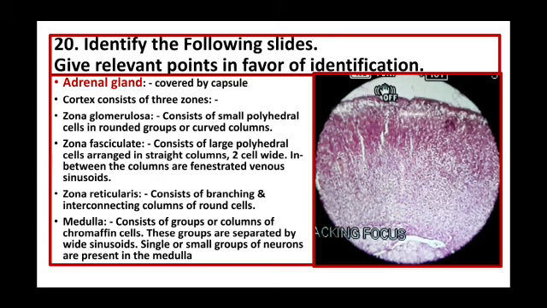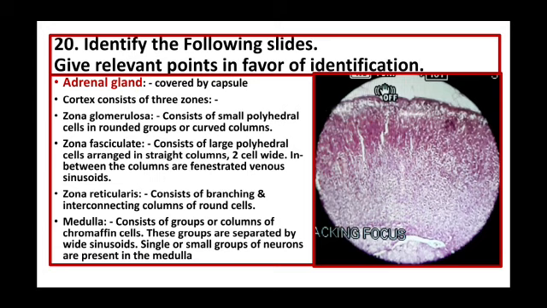The second zone is zona fasciculata, which consists of large polyhedral cells arranged in straight columns, 2 cells wide. In between the columns are fenestrated venous sinuses. Then the third zone is called zona reticularis, containing branching and interconnecting columns of round cells.